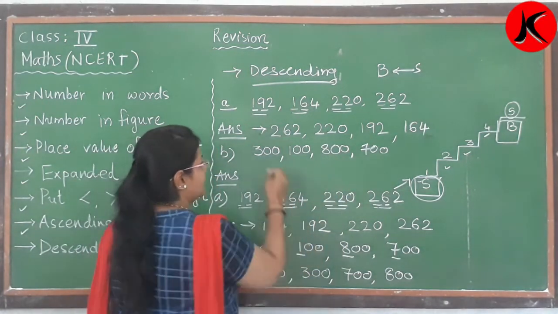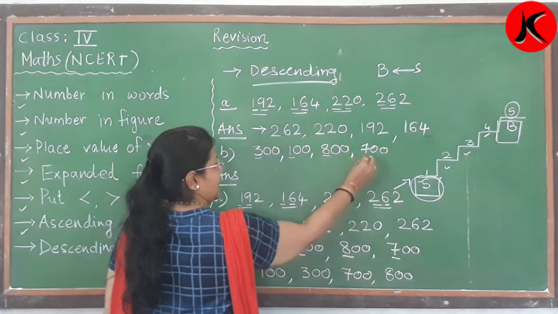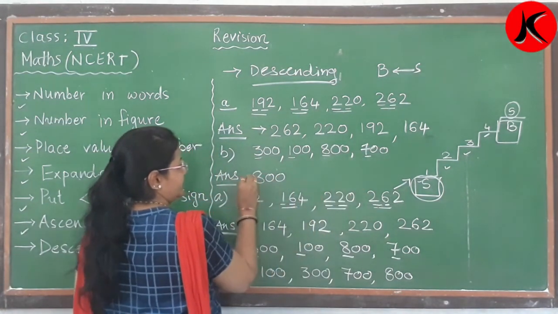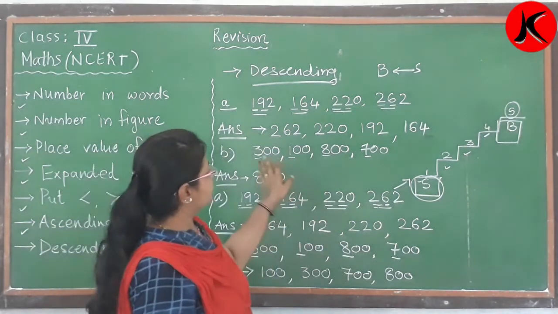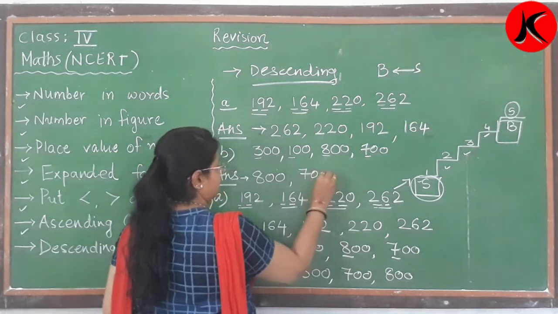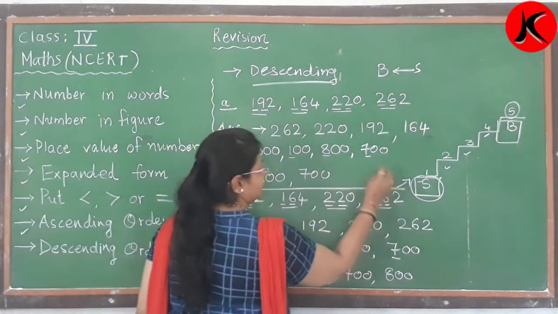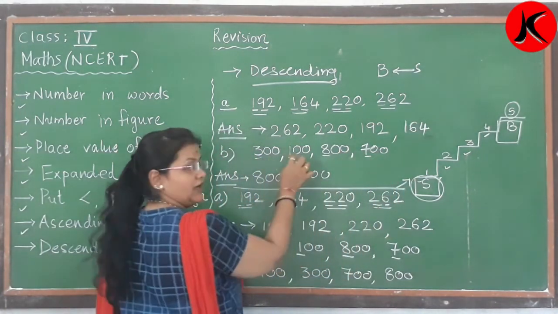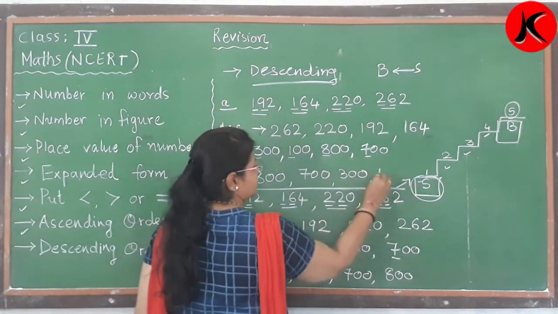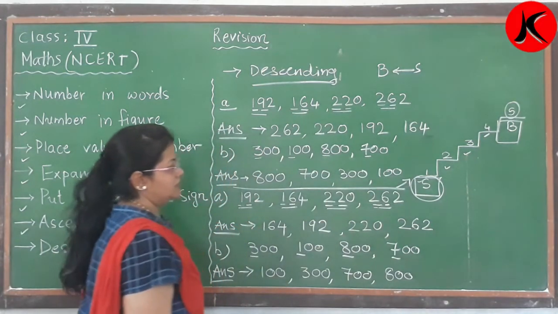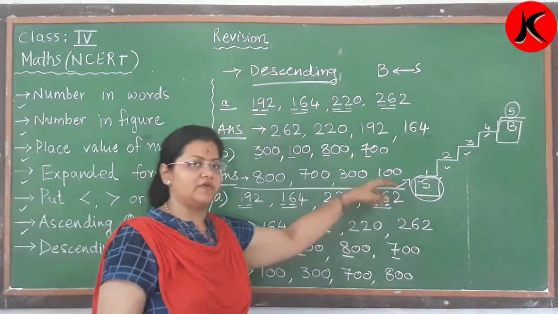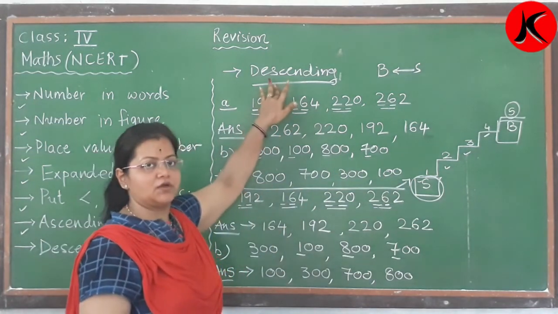It's very easy. 3, 1, 8 and 7. So 800 is the bigger number. After that 3, 1 and 7. So 700. Then 300 and 100. So 300 and the last one is 100. Right? The bigger number comes first and the smaller number always last in descending order.